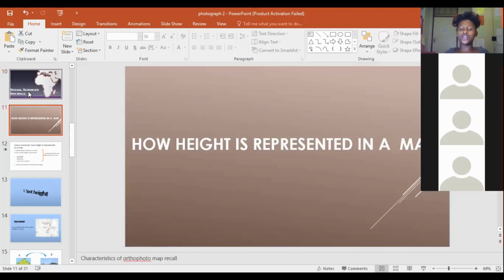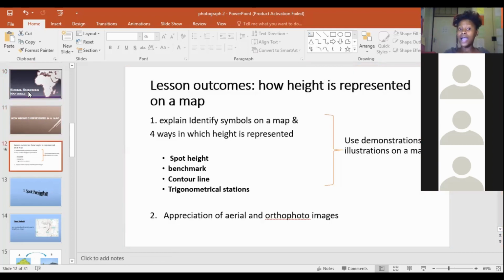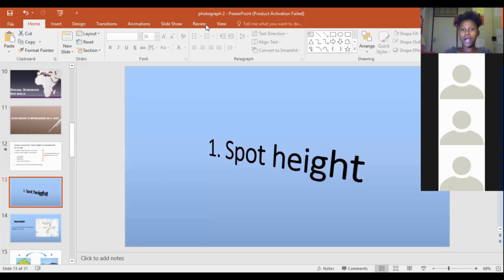At the end of this lesson, you should know how height is represented on a map using spot height, a benchmark, a contour line, and a trigonometrical station. And the last one, the appreciation of aerial and orthophoto image, we already discussed on WhatsApp. We already recapped it.